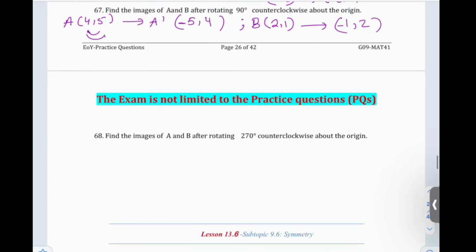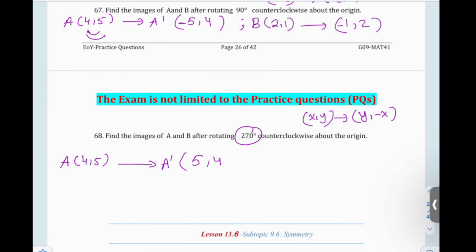Find the image of AB, same points after 270 degrees. A was (4, 5), and let's check. 270 degrees, (x, y) turns to (y, -x). So we will exchange x and y and then flip the sign of the new y coordinate. So what will we do? A prime, we will flip the locations first, and then flip the sign of the new y.